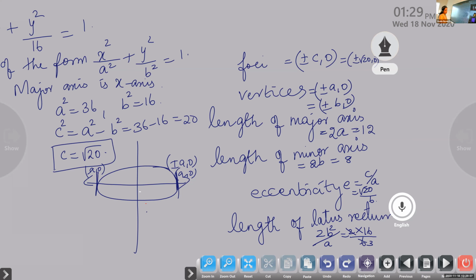Is it okay, children? Is it okay? Once we identify the standard form, the remaining things we can fill in easily. Focus is given by plus or minus c comma 0. Vertices are given by plus or minus a comma 0. Length of the major axis is 2a. Length of minor axis is 2b. Eccentricity e is equal to c by a. And length of latus rectum is 2b square by a.